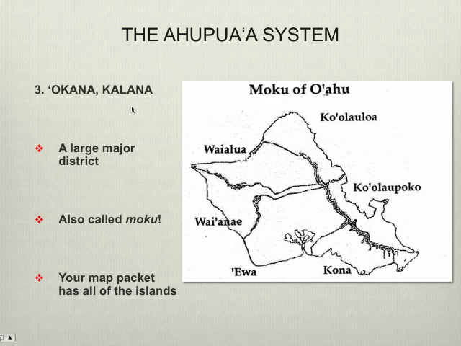So these moku are the large major districts, and these are very important. They played a number of significant roles historically in terms of battles and wars and occupations, and who controls what side of the island and so on and so forth. But all of these terms for our various divisions should be very familiar to all of us, because the names of our ancient districts are still the names of our districts till today.